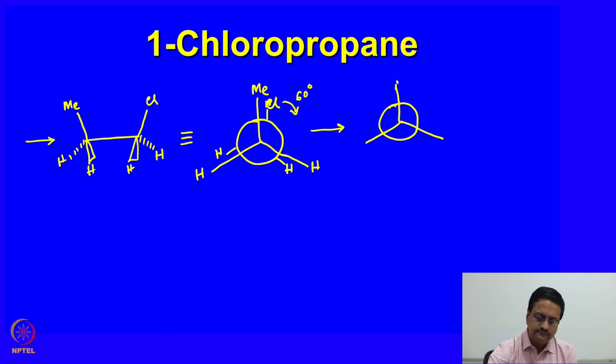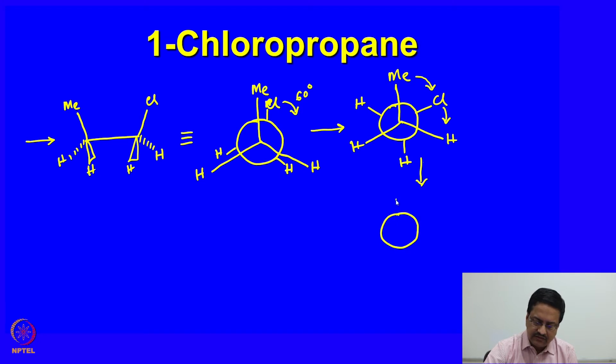If we continue to rotate that further, what we would get is a partially eclipsed conformation like this.